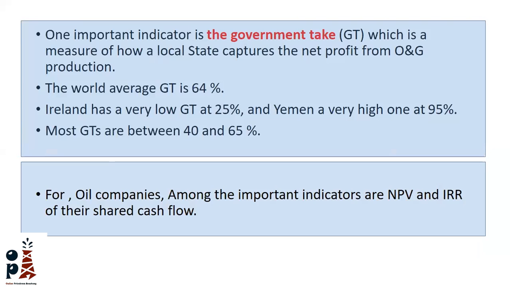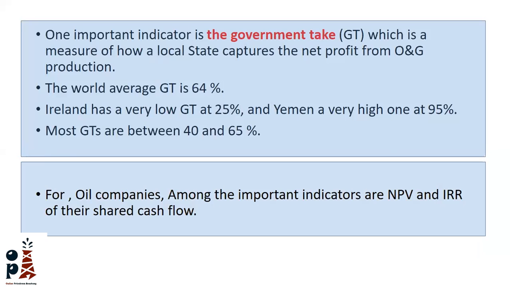So one indicator is important for this contract, what is called the government take, which is a measure of how a local state captures the net profit from oil and gas production. The world average government take is about 64%.